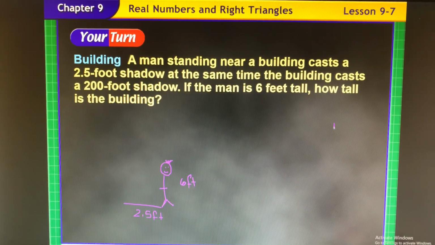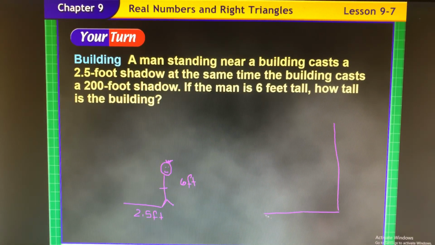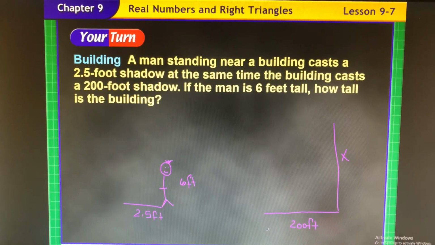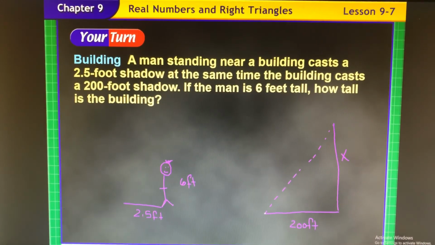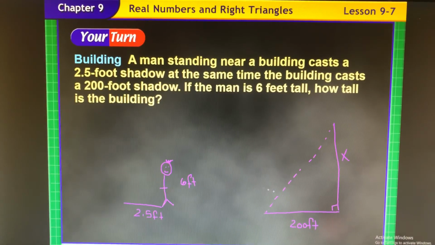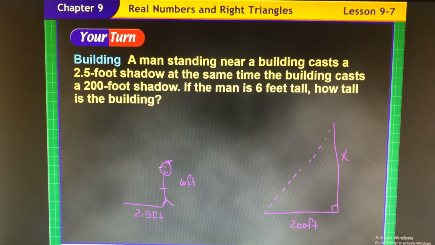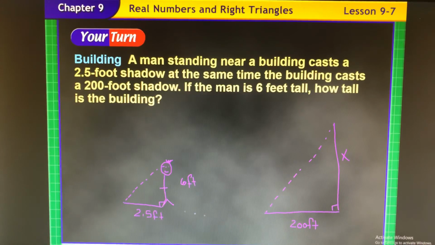And the building, this time I drew it further away, should be a nice straight line, looks really good, is casting a 200 foot shadow. You want to know how tall the building is. So this is how it starts off. Your job is to think about the fact that it does create a right triangle. Remember, it goes from the eyes looking down to the end of their shadow.